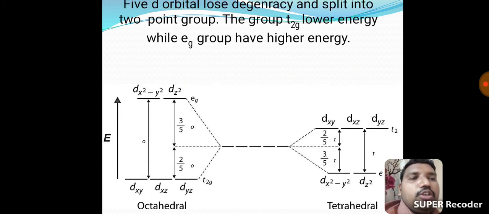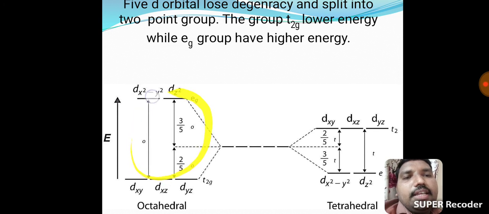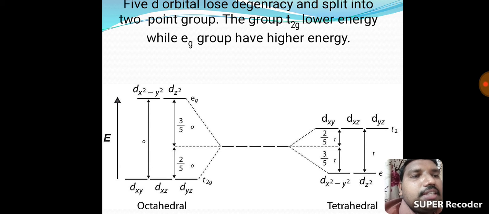These are the differences between the two complexes. On the left side there is an octahedral complex. dxy, dyz and dzx have lower energy, dx square minus y square and dz square have higher energy. In the case of tetrahedral geometry, there is an E set of orbitals and a T2 set of orbitals. The T2 set of orbitals, dxy, dxz and dyz, are excited, and dx square minus y square and dz square have lower energy.